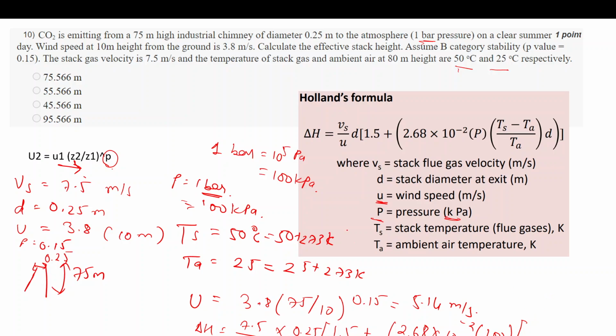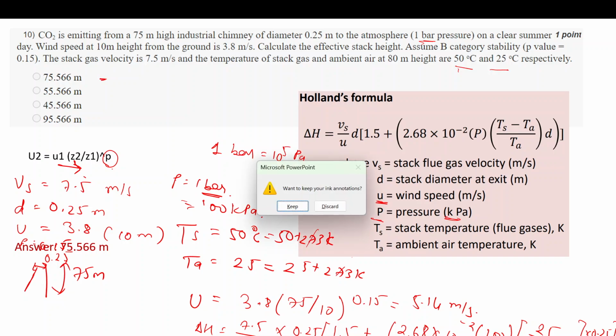Plus this will get cancelled out. So it will be 25 remaining divided by 25 plus 273 into 0.25. If you solve this, the answer should come out as 75.56 meters. I guess you can calculate this.